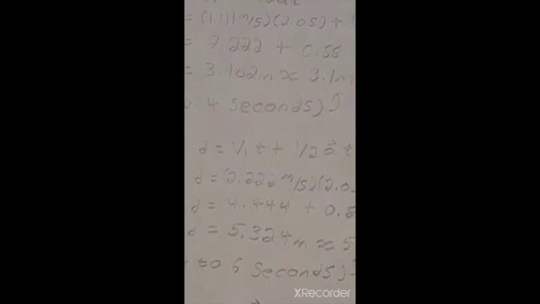And remember, only 2 is being squared. That means D equals 2.222 plus 0.88, which is equal to 3.102 meters, which we round with 2 sig figs to 3.1 meters.